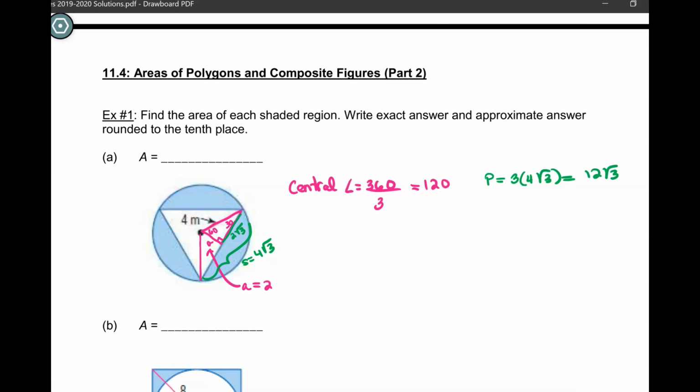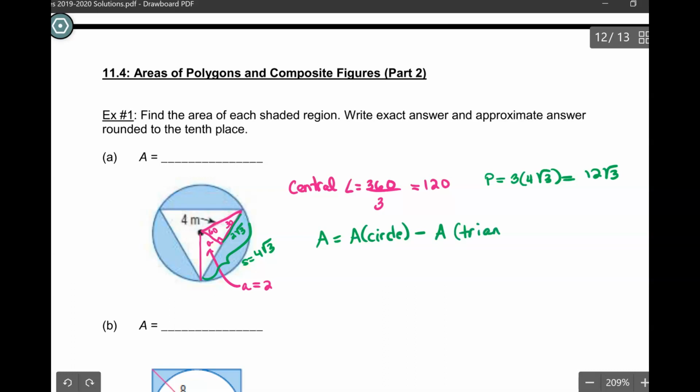So the area of the outside shape, that's the area of the circle. So the area that's shaded, we want to take the area of the circle minus the area of the triangle. So the area of the circle, if you recognize the 4 meters is actually the radius. So we're going to have pi times 4 squared minus the area of the triangle.